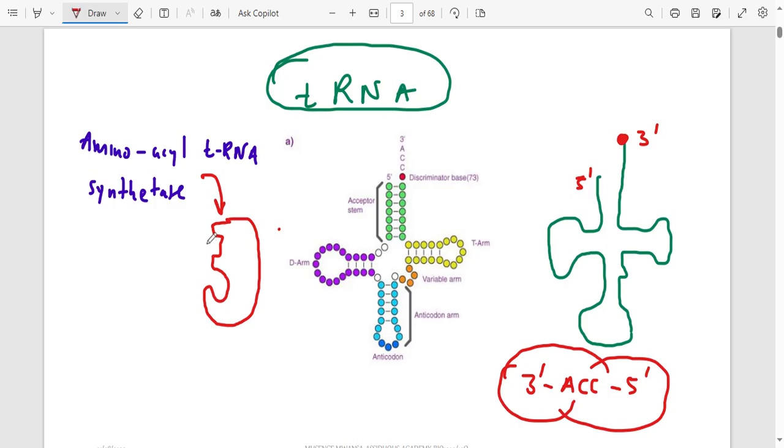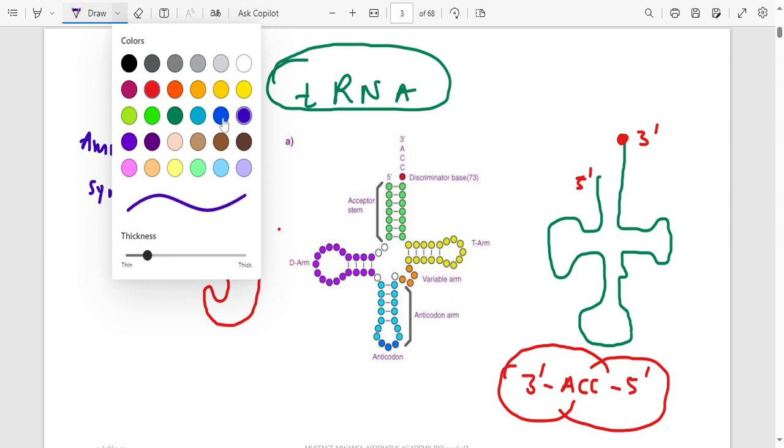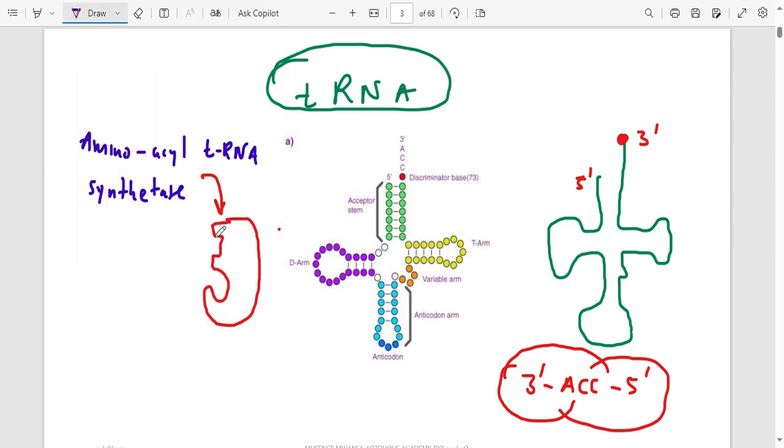You need the ATP. So this enzyme has got two sites. It has the site where tRNA is going to bind, and the site where the amino acid will bind. Let's say, for example, the amino acid binds here. This is the amino acid.